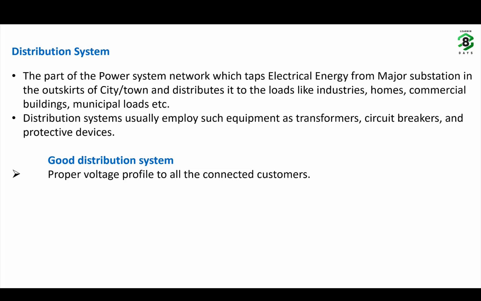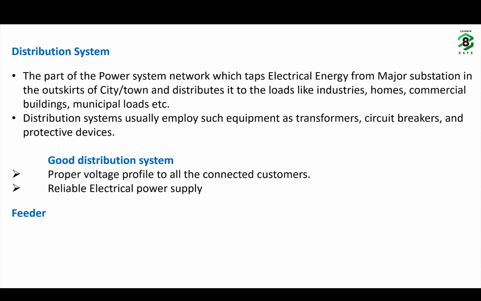That means all the customers who are connected to the distributor should get proper voltage, that means the voltage fluctuation should be minimum. Understand? And the second important feature of a good distribution system is that 24/7 the distribution system should be able to provide electrical energy to the customers.